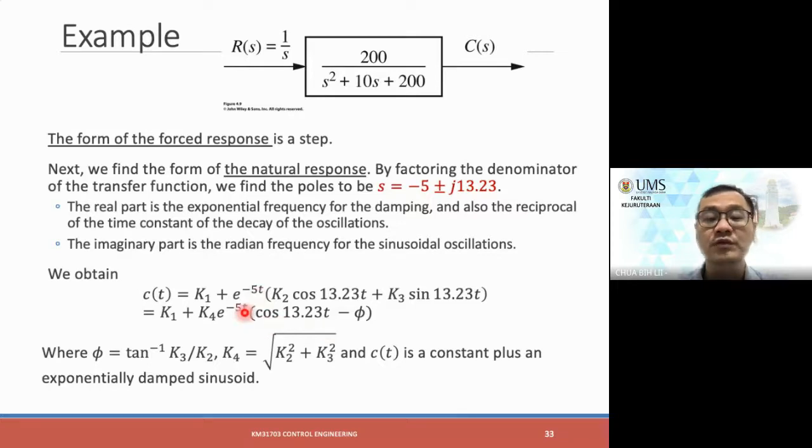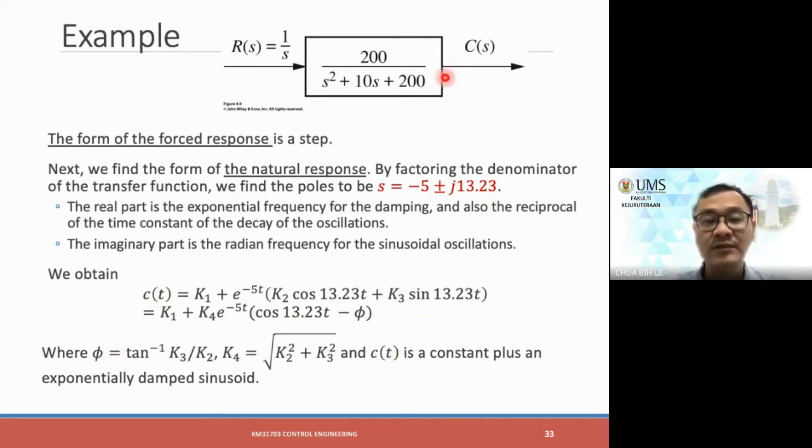So you have to write cos of this value t, minus your phase. This would be your expected time response equation.